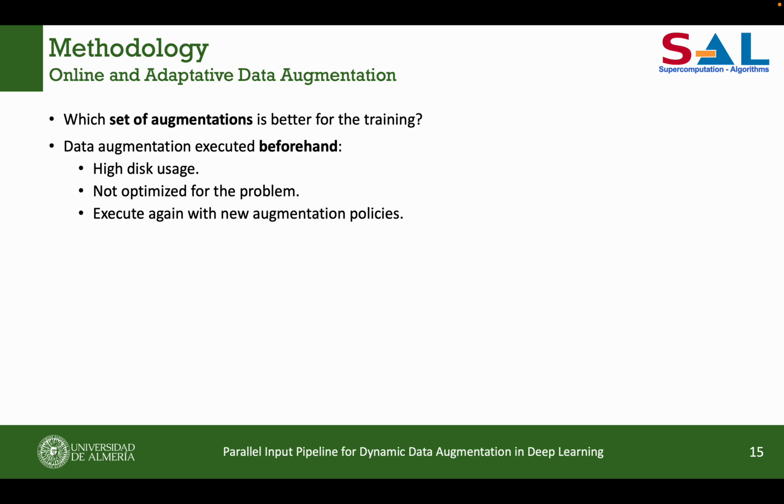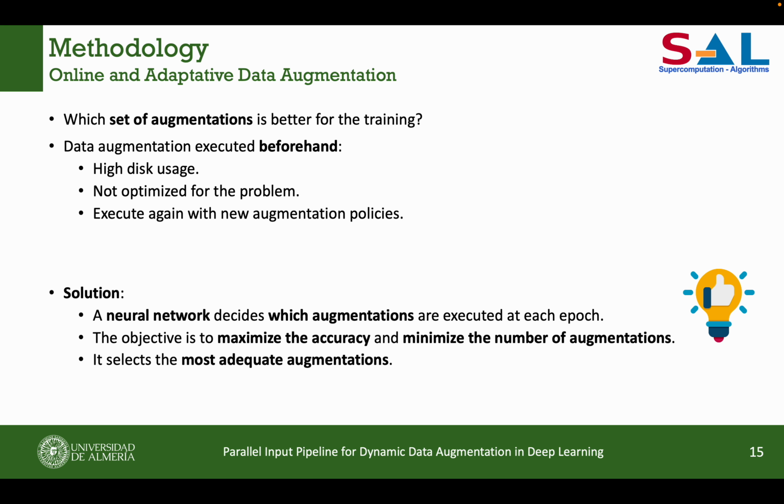So if we perform the data augmentation beforehand, we can reach the disk limit. The data augmentation is not optimized for the problem, and we should execute again with new augmentation policies. For example, if we consider another variation or data augmentation policy, the dataset may be regenerated again.